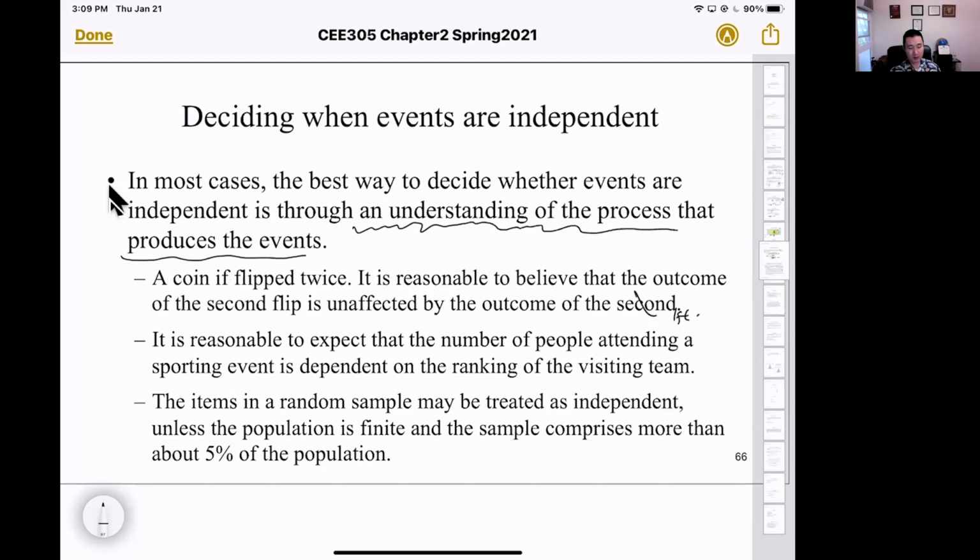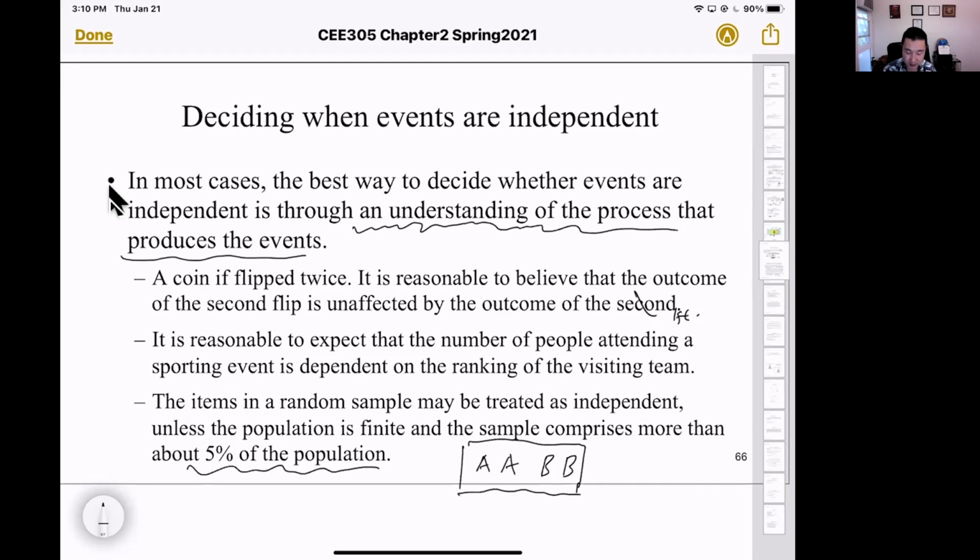The items in a random sample may be treated as independent unless the population is finite and the sample size is large enough. Okay, the sample size is more than 5% of the population. So, remember one of the previous examples? In a sample space, we have 2 A's and 2 B's.